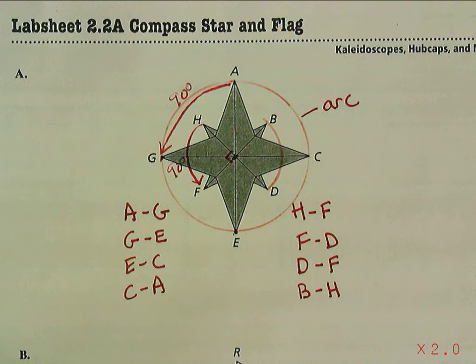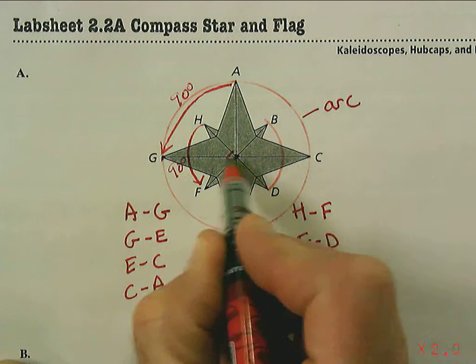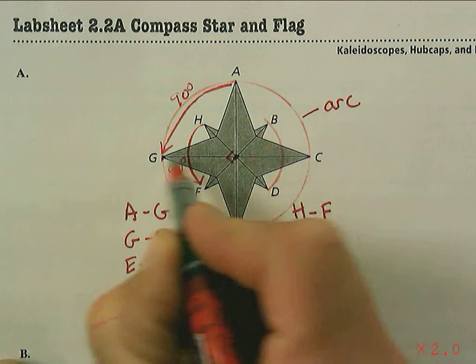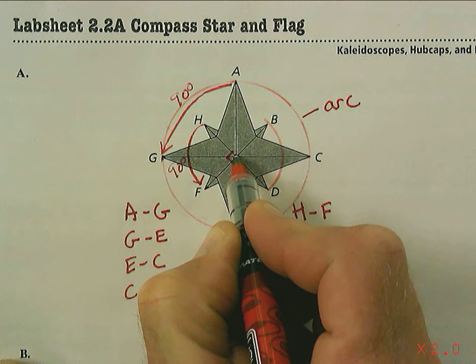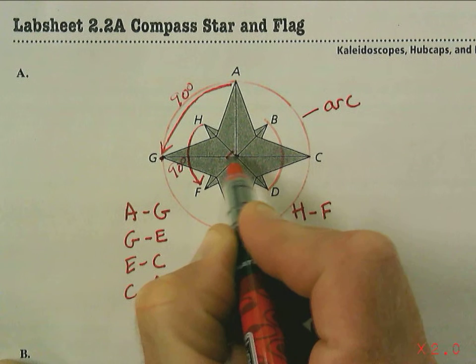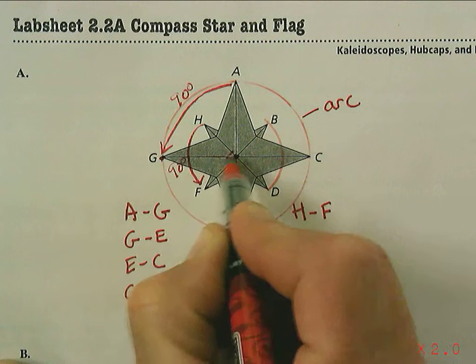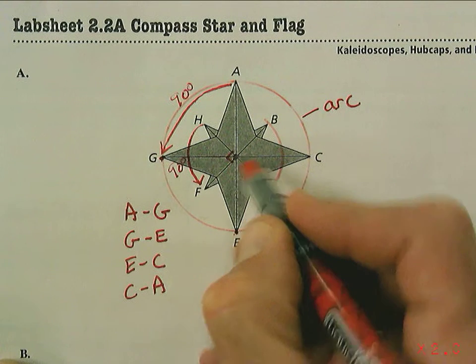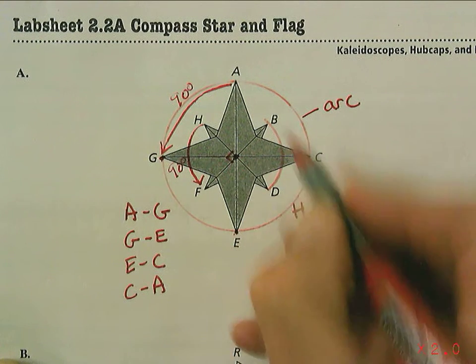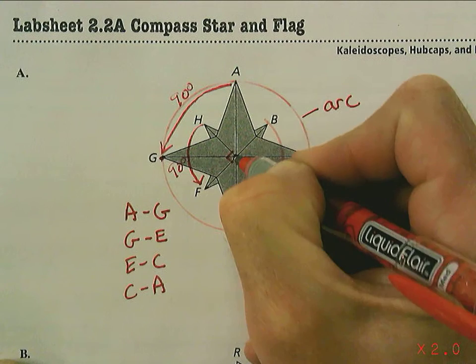So the segments connecting the vertex or its image to the center of rotation are the radii of the circle. G is attached to the center by this radius of the circle. So you have a radius here, a radius here, a radius here. They're attached to the center of rotation.